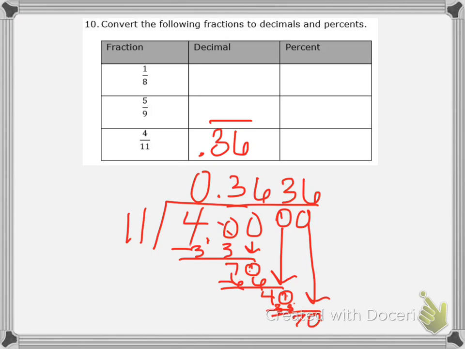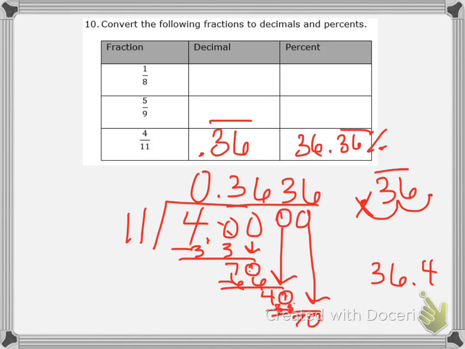And then if you were to move your decimal, so you have 36 hundredths repeating, you move it 2 times, it would be 36 hundredths repeating. If you rounded it, you would get 36 4/10%, so either one is fine.